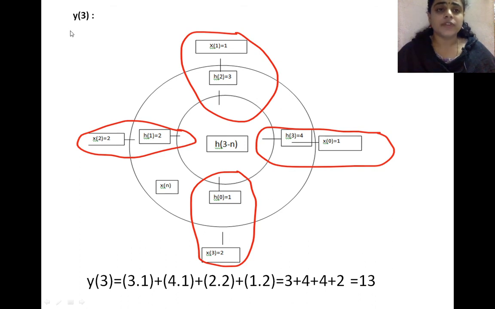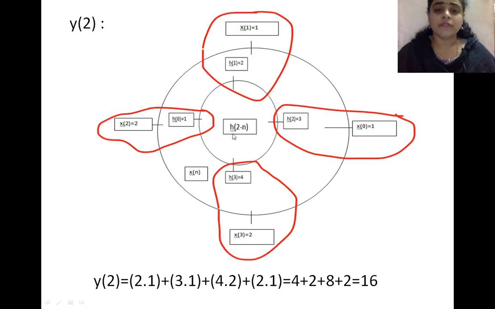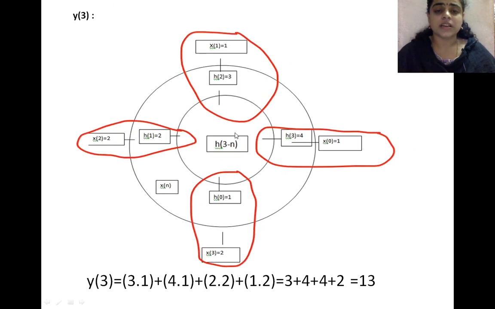And then if you want to find y of 3, you have to shift h of 2 minus n, then you will get h of 3 minus n. If next time you shift, there are no samples, y of 4 won't exist because we will have only 4 samples in the output. So again you will get h of minus n itself.